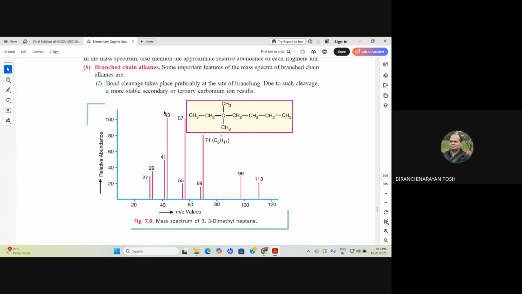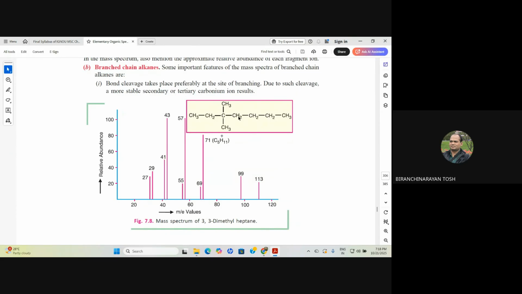Because if you add 43 and 57, how much are you getting? 100, so the difference is 14. That is a CH2, methylene group difference.